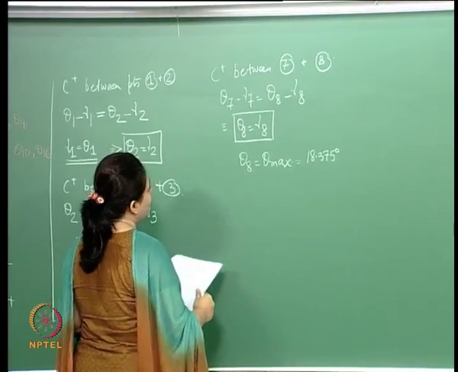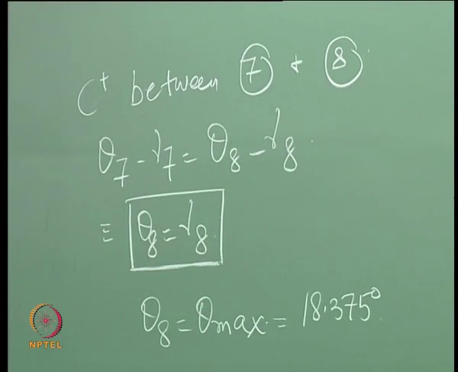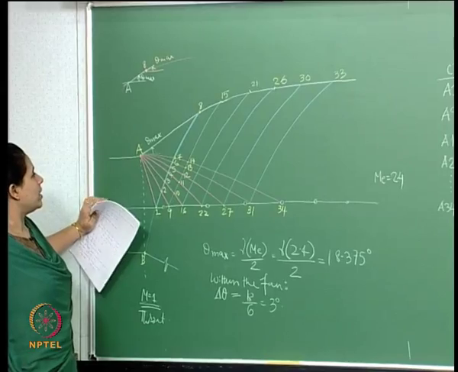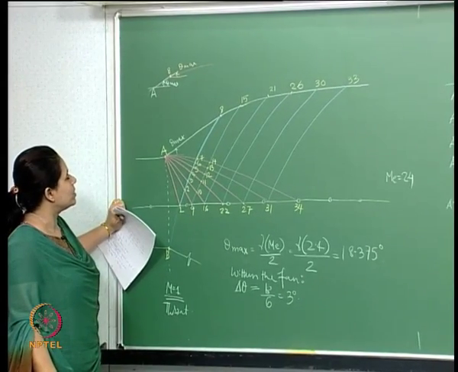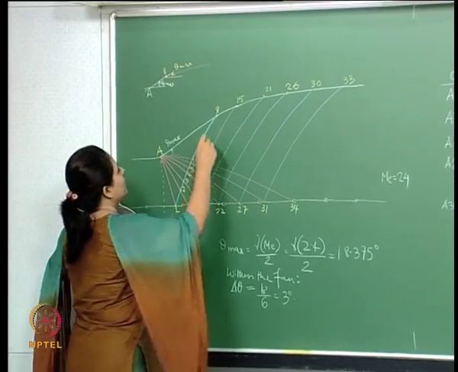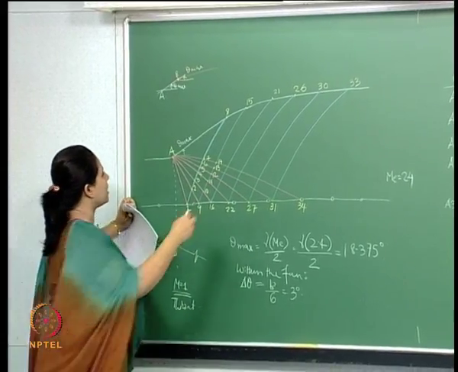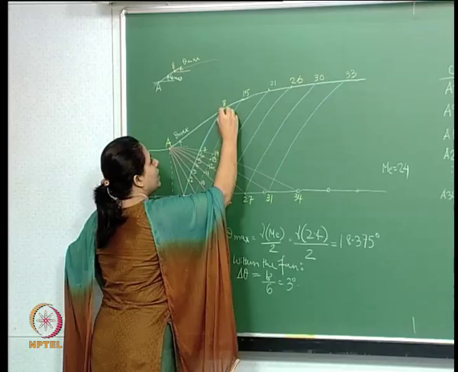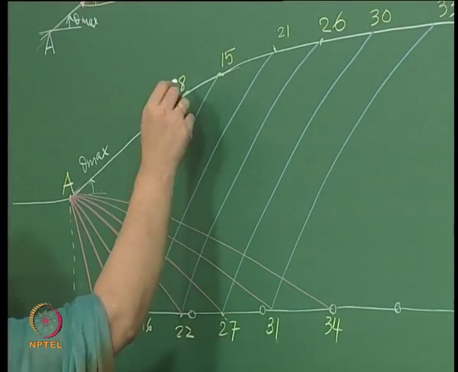Now what we will need to do is to locate this point 8. Theta 8 is again theta max, so we have the same straight line going through here. This is also theta max.